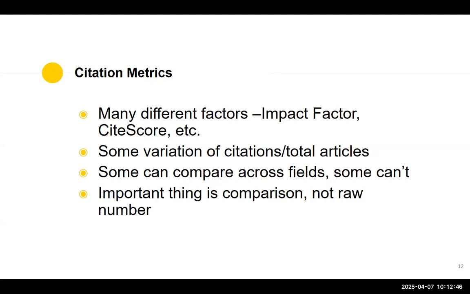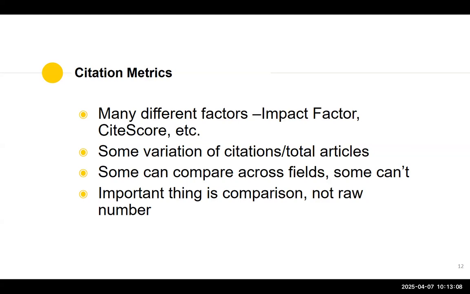So how important citation metrics are to you depends on why you're publishing. If you're looking for tenure, then you're going to want to try to find which journals are higher impact, but that you can still get into.